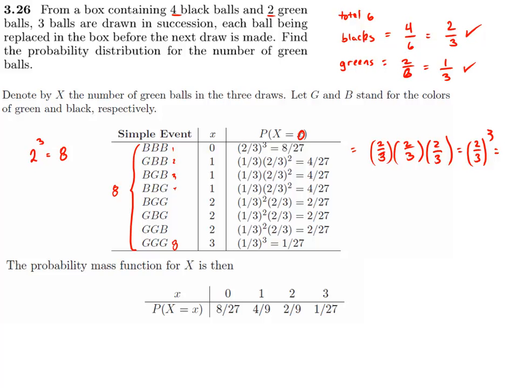So the probability of 0 is 8/27. The probability of 1 is 4 plus 4 plus 4 is 12 over 27. When you simplify that, that becomes 4 over 9. Probability of 2 is 2 plus 2 plus 2, that's 6 over 27. Simplify, 2 over 9. And the probability of 3 is 1 over 27. Any questions?